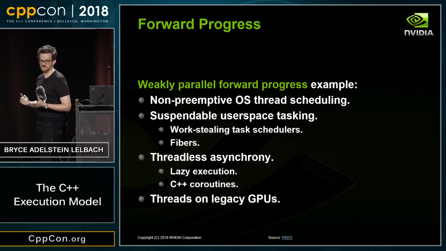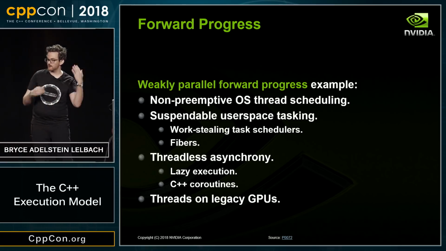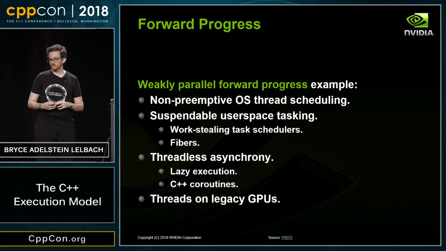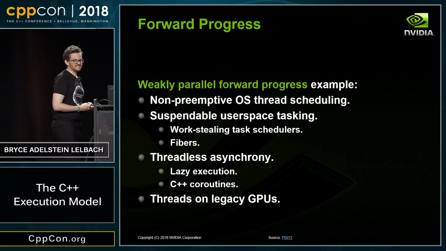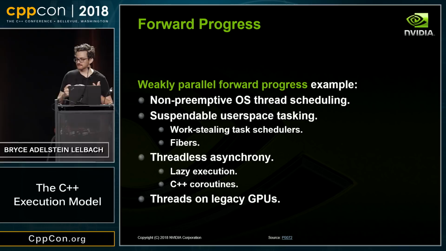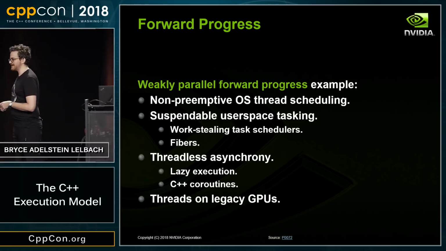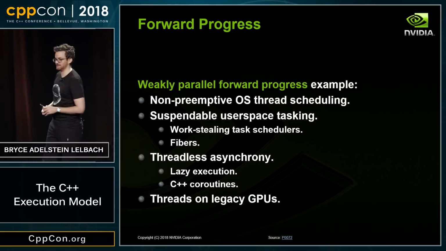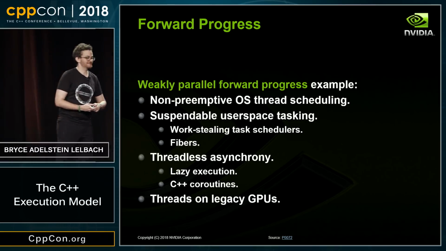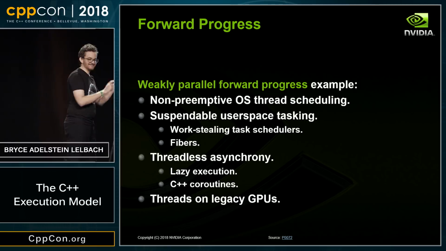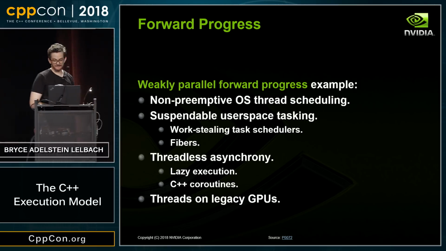Threadless asynchrony, something like coroutines, lazy execution can sort of be thought of as a thread of execution that has weakly parallel forward progress guarantees. One that I forgot on this slide is SIMD lanes, which can be thought of as modeling weakly parallel forward progress. And threads on non-NVIDIA GPUs and older GPUs, or legacy, as we've said here.